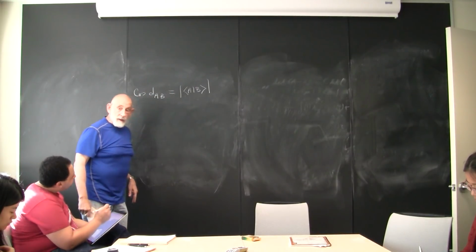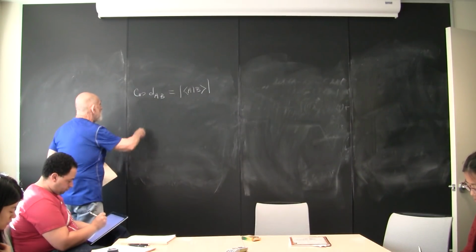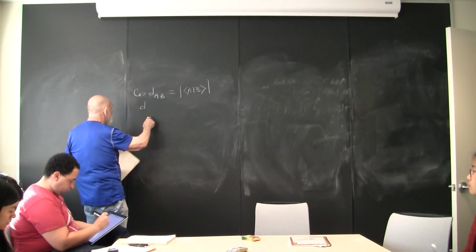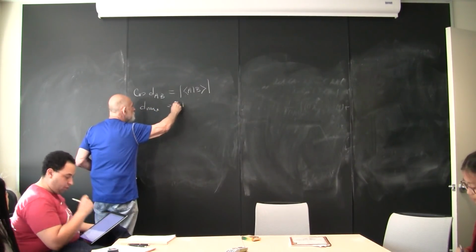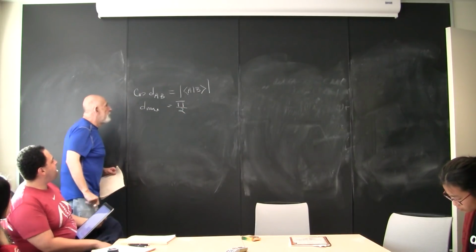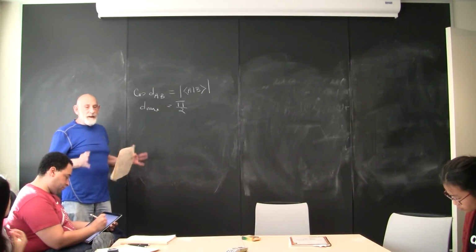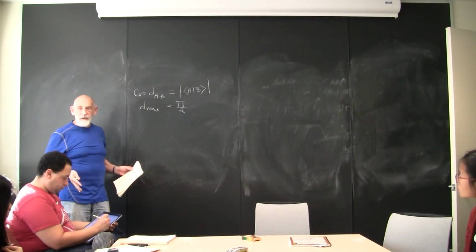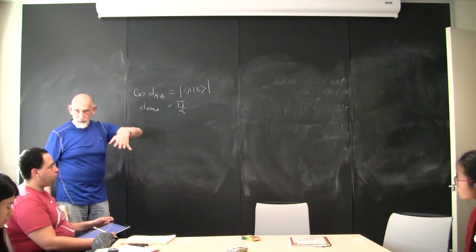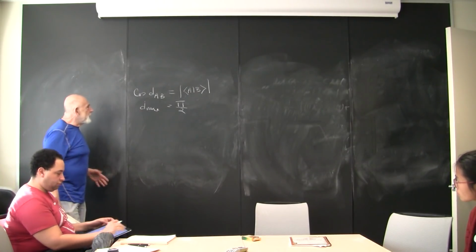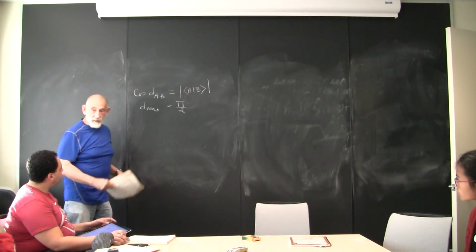If A and B are orthogonal, the distance is pi over 2, and that is the maximum distance. Since the space of states is nice and homogeneous, this would be the minimal geodesic distance. So you can just define it this way.